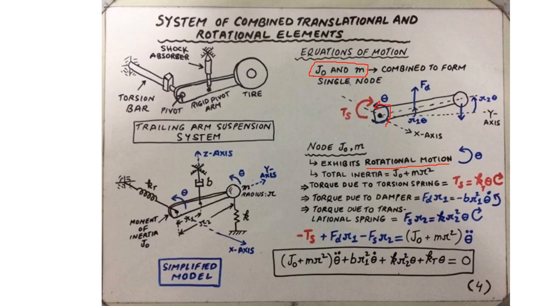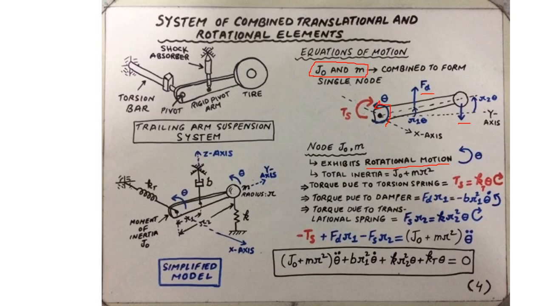However, because the motion of this pivot arm and the tire is rotational by nature, the Newton's second law of motion that leads us to write down the equation of motion should be balancing the torques rather than the forces. Therefore, we are going to convert these forces into the torques.